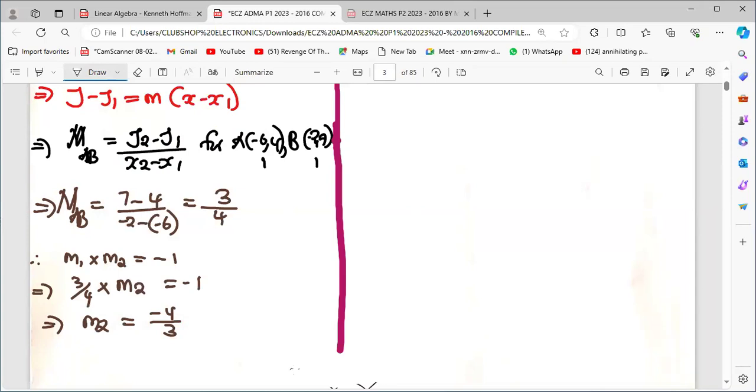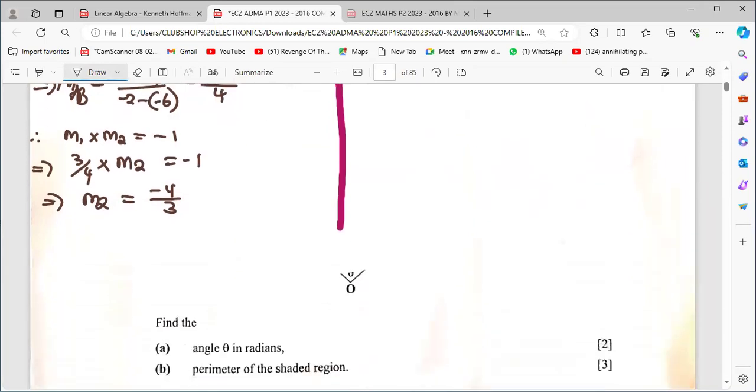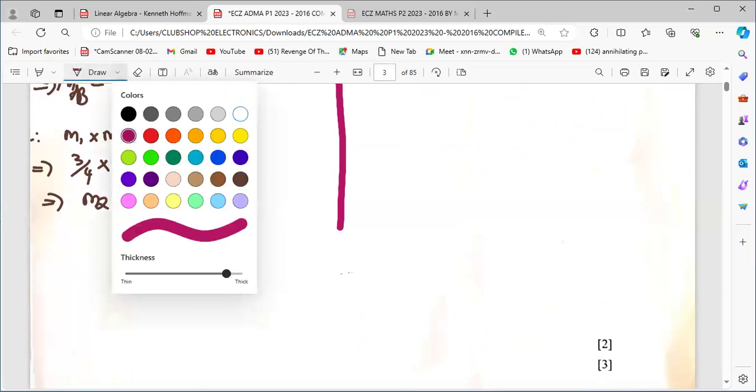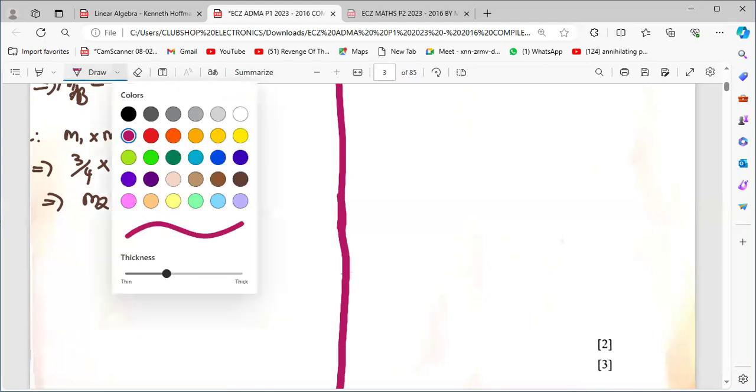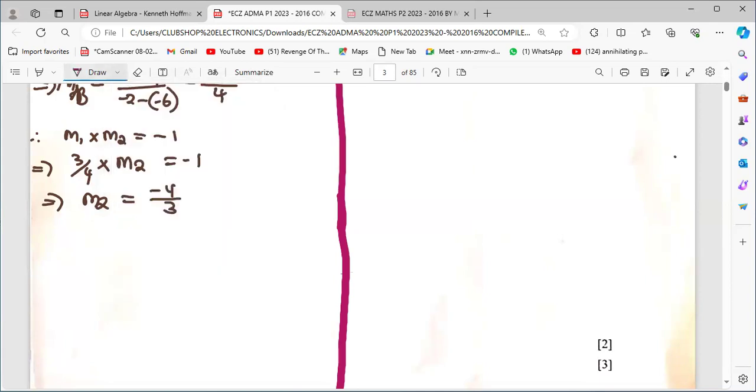Now we have the gradient, but we've been told that the equation we want to find is passing through the point B, which is (-2,7), and our gradient is -4/3.